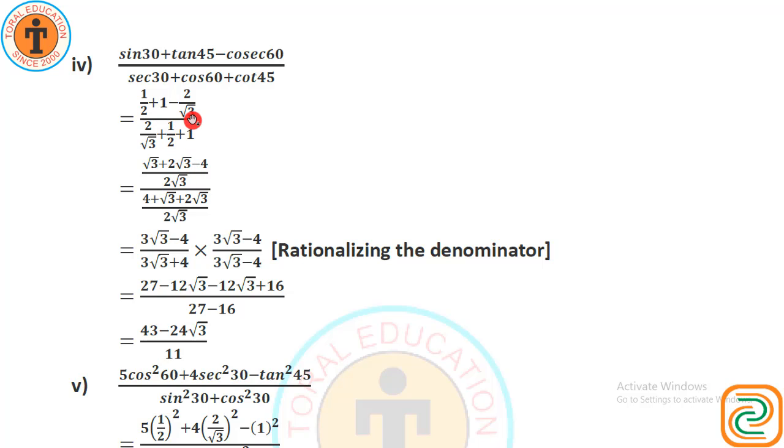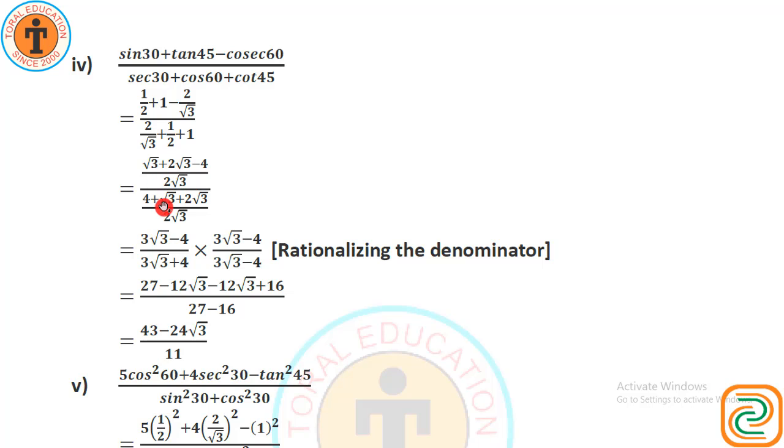And here root 3 is the denominator, so this 2 will be multiplied by this 2, so it is minus 4. Similarly, it happens in the denominator, 2 root 3 is the LCM, and here will be 2 2s are 4, here will be root 3, and here both 2 root 3.